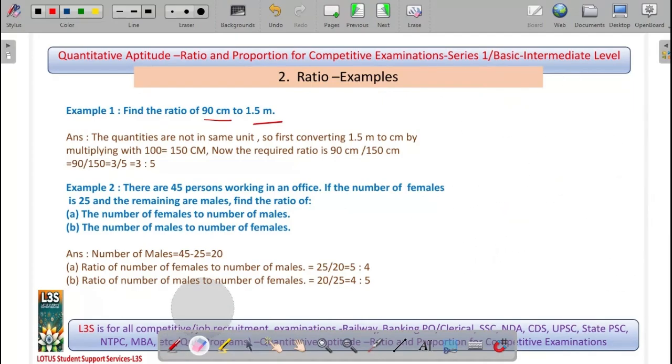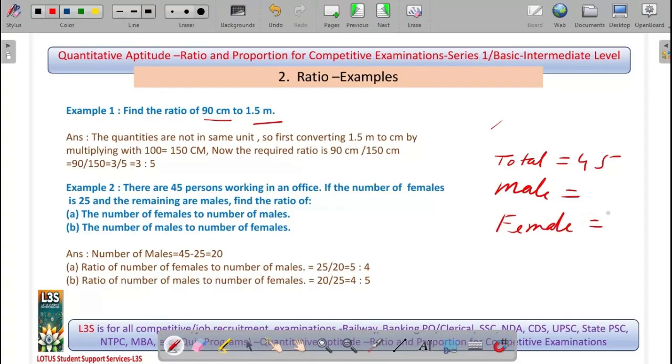Next example: there are 45 persons working in an office. If the number of females is 25 and the remaining are male, find the ratio of the number of females to the number of males. So total is 45, female is 25.